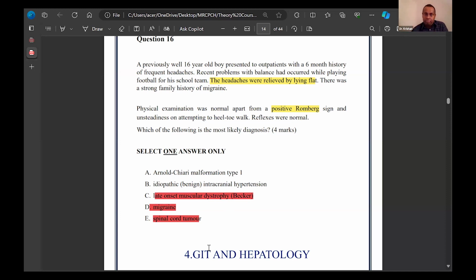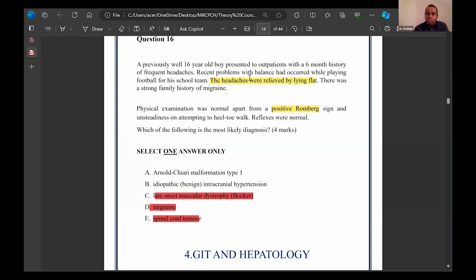When you have a CSF leak, there would be low CSF around the brain that can cause a low CSF pressure headache. That will be worse when the child is standing up, as standing causes more CSF loss.